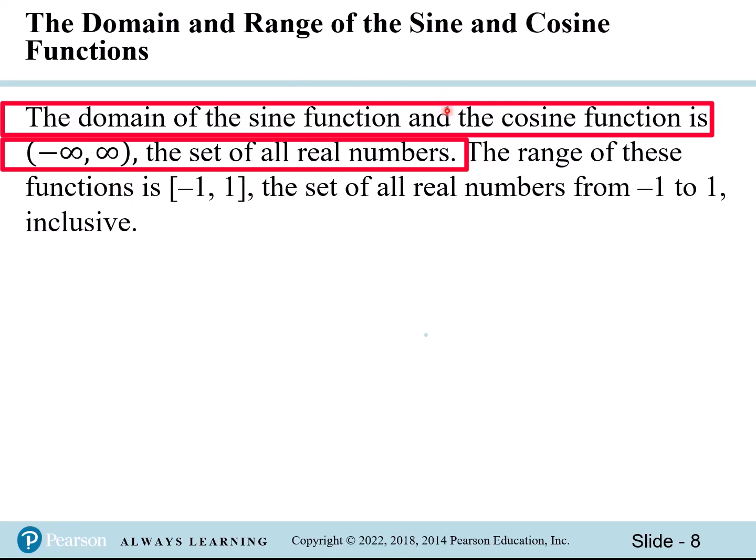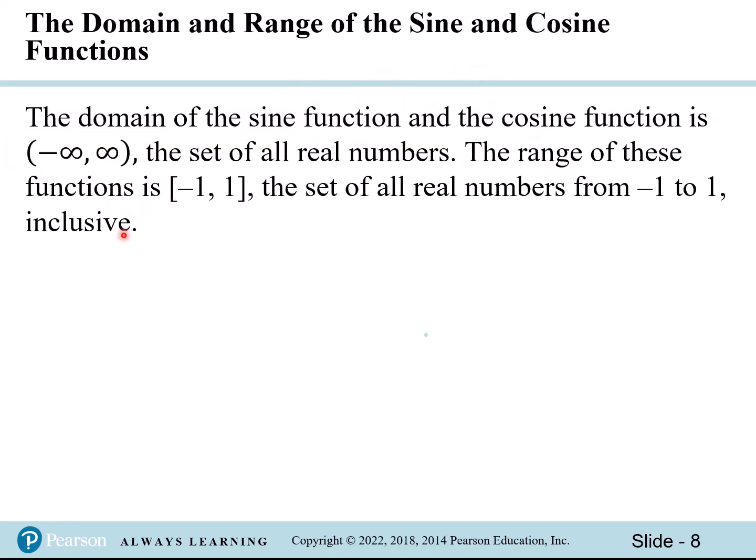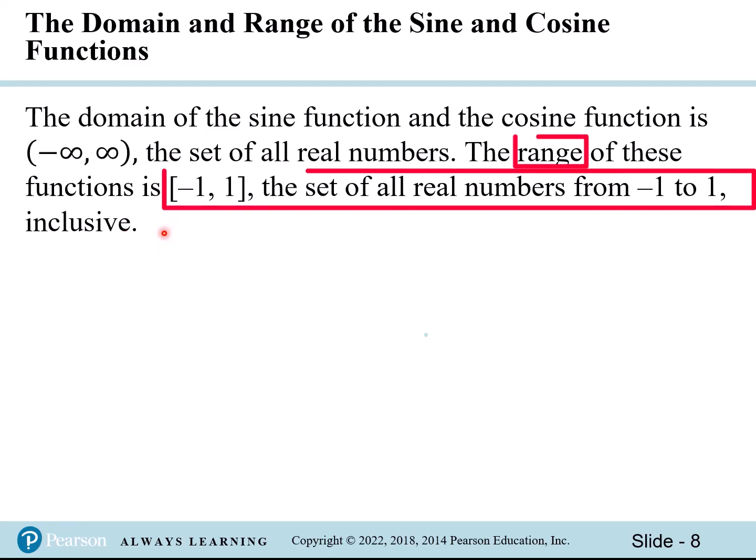As far as the range of the functions are concerned, the output values, in other words, would be from -1 to +1, the set of all real numbers between these two values inclusive. Inclusive means that we can have an output value of -1 as well as +1 and everything else in between those two values. All right?